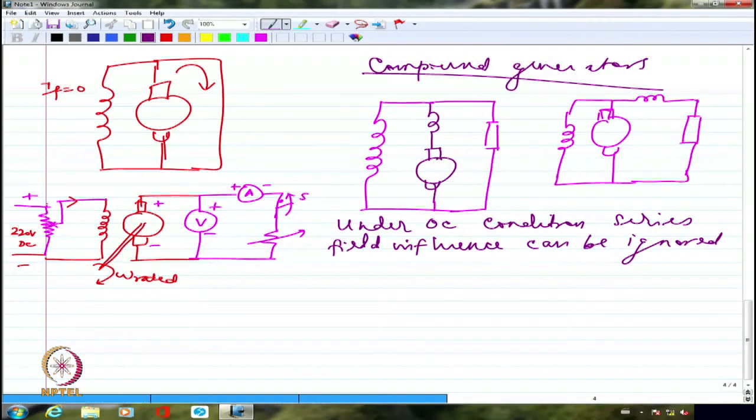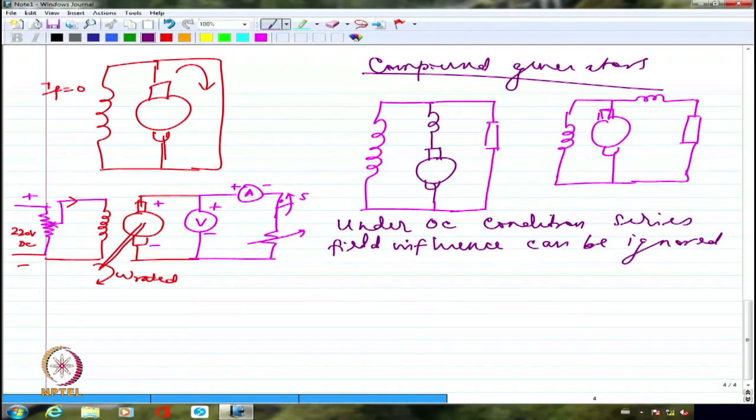So I should say, in general, the series field will be directly affected by the load. If the load increases, I'm going to have the series field current increasing. If the load is decreasing, the series field current is going to decrease. That's why, in general, the series field is called a series field because it is in series with the armature and it's going to carry roughly the same current as that of the armature current.